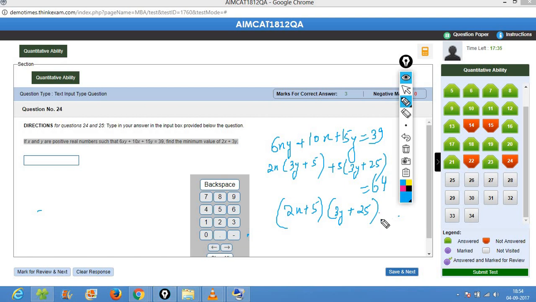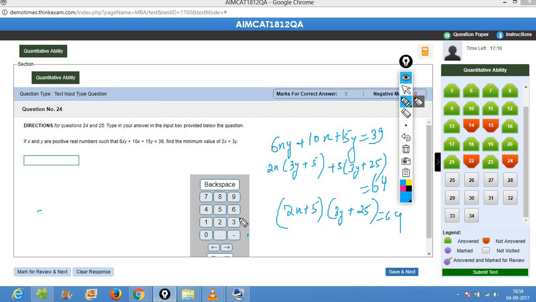Okay, fine. Now what I have to do is find the minimum value of 2x plus 3y. So we know the property: the product of two numbers is constant, so the minimum value occurs when both the numbers are equal.